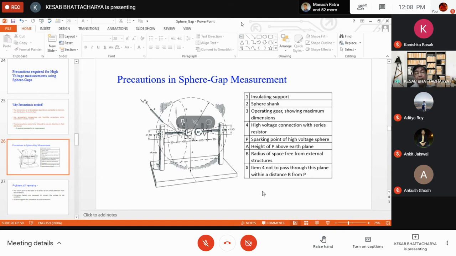If that happens, that will give us erroneous results. That is why a safe distance is always maintained while connecting the high voltage high resistance to the high voltage sphere. This is the reason.